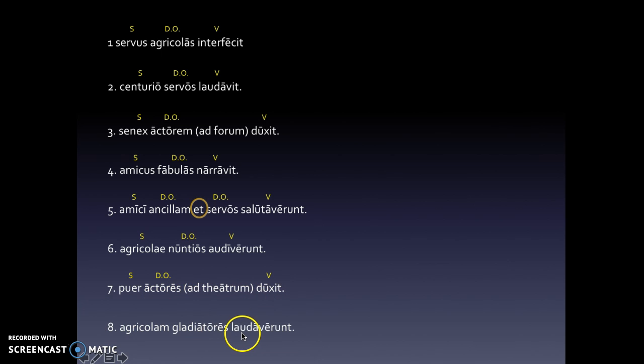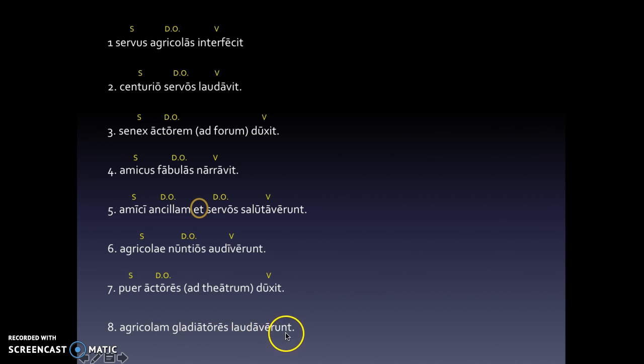Okay, agricolam gladiatores laudaverunt. We've got another time here where we've got the es. Are we looking at a subject, es, or are we looking at a direct object, es? Well, let's look at our other clues. What can this be? Well, this can only be the direct object. So that's definitely our direct object. Our verb is plural.